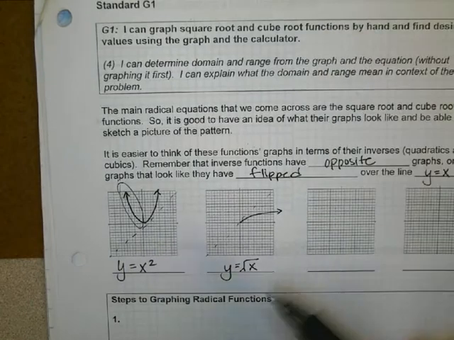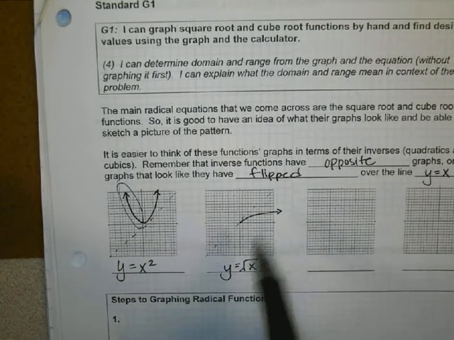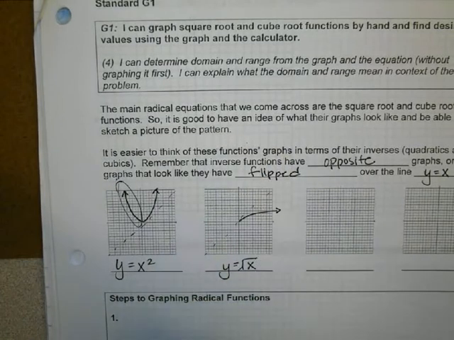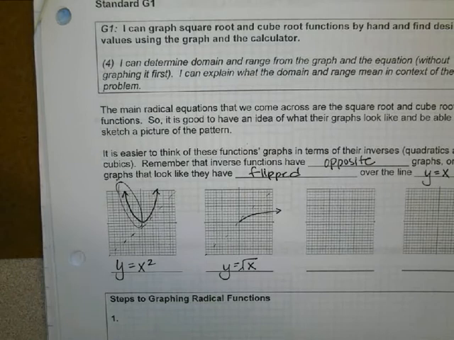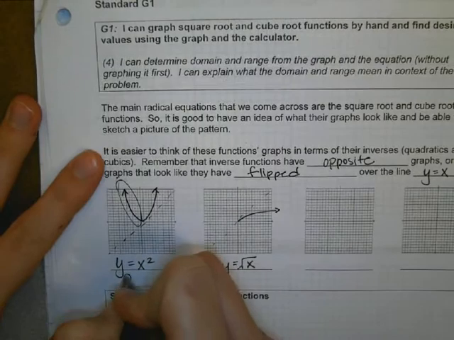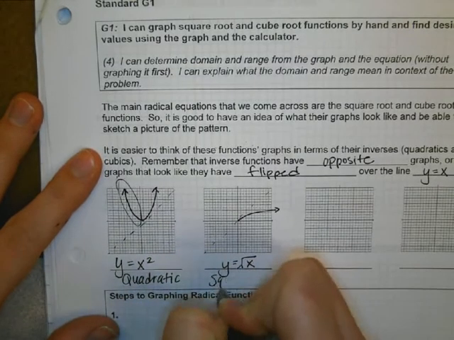Now the reason we don't have the whole quadratic or the whole parabola laying on its side is because if we had the whole U shape laying on its side, it wouldn't pass the VLT, so you wouldn't have a function anymore. So we have y equals the square root of x, and it's just half of the quadratic graph. So this is a quadratic. This is the square root.